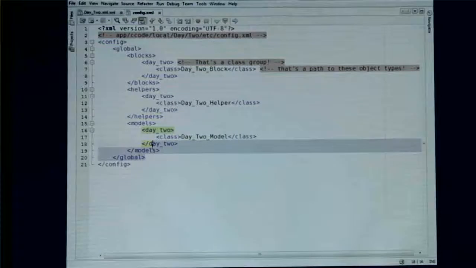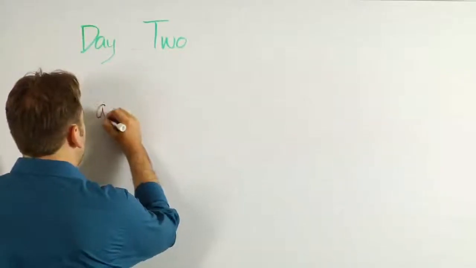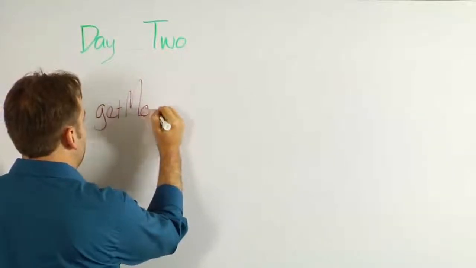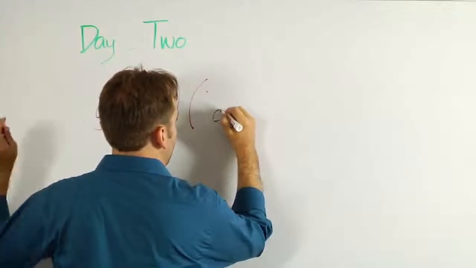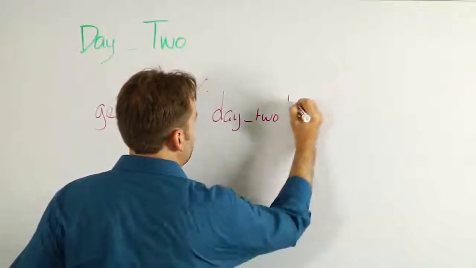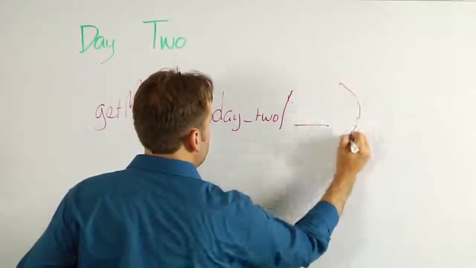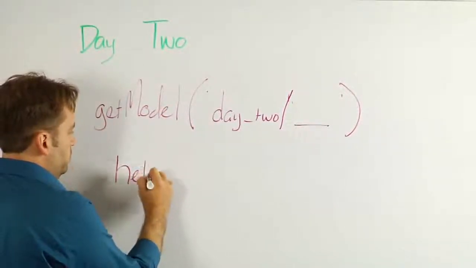Whatever I pass in to those methods, that string value that I pass in before the slash, just comes from here. So I'll do this one more time here. So get model takes, in this case, day 2. Okay. Helper.